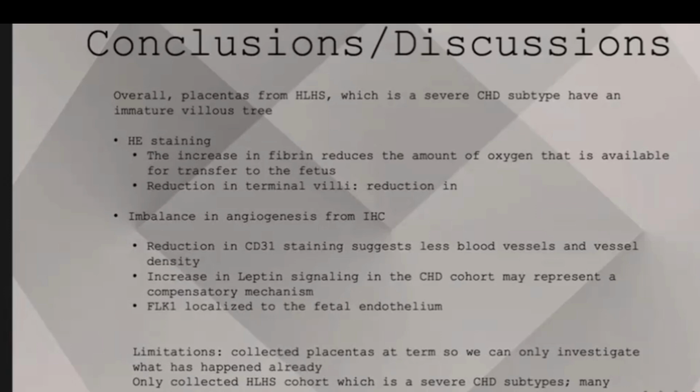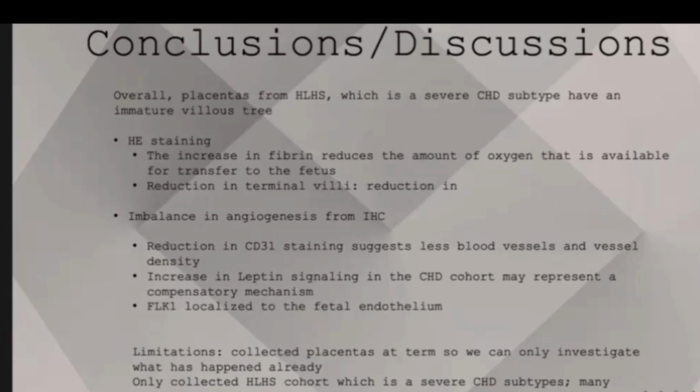And then there's a reduction in terminal villi, meaning there are not even blood vessels around that would be able to uptake the oxygen and the nutrients from the maternal blood.